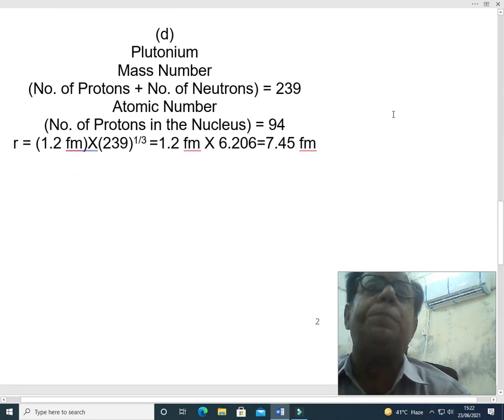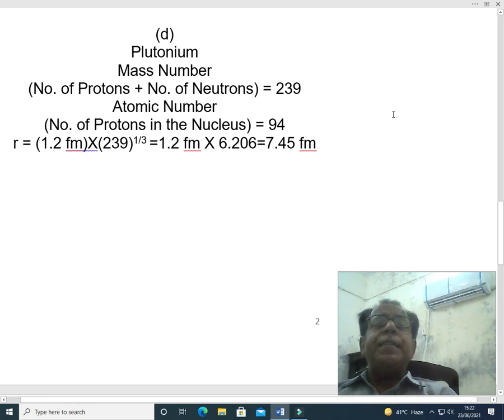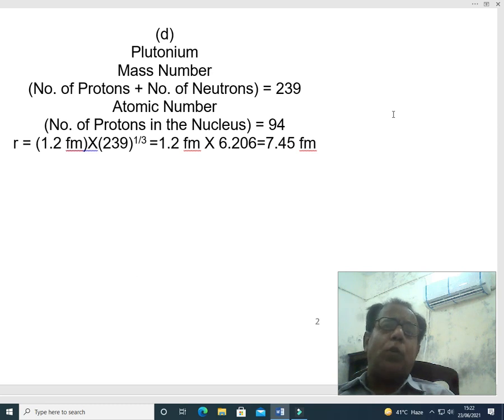Now we come towards part D, which deals with the element plutonium. Plutonium has mass number 239 and atomic number 94. Here again applying the same formula. The only thing mentionable is that the value of cube root of 239, that is 239 raised to power 1 by 3, is 6.206.